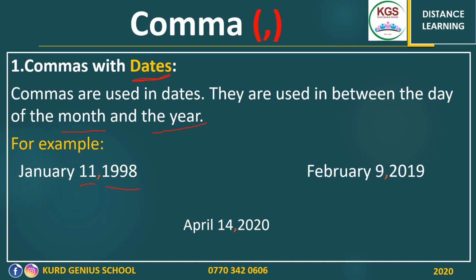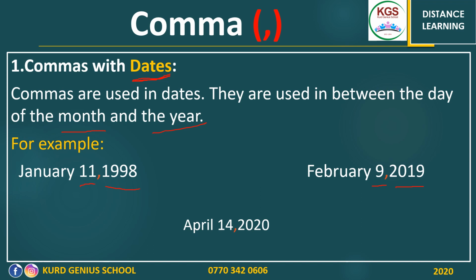The second one, February 9, 2019. As you see, we put a comma in between the day of the month, which is 9, and the year, which is 2019.